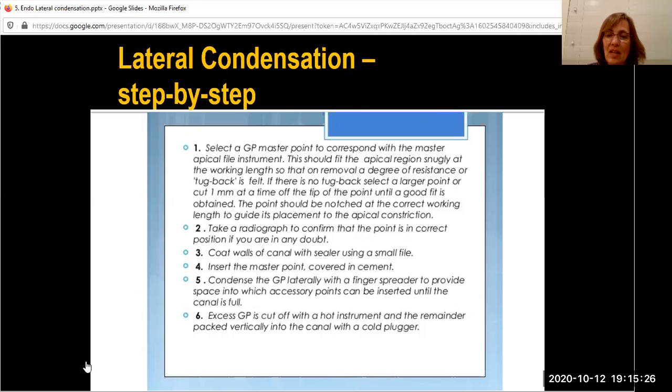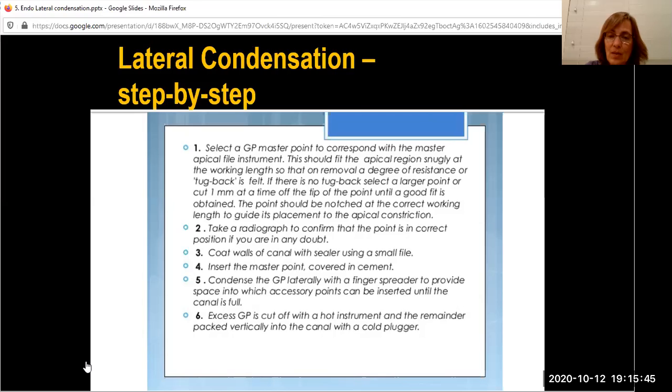It should feel like a tug back because the master cone should fit very snugly in that area. The reason for that is that with the sealer we are going to place around the master cone, we will ensure that it is like a plug.